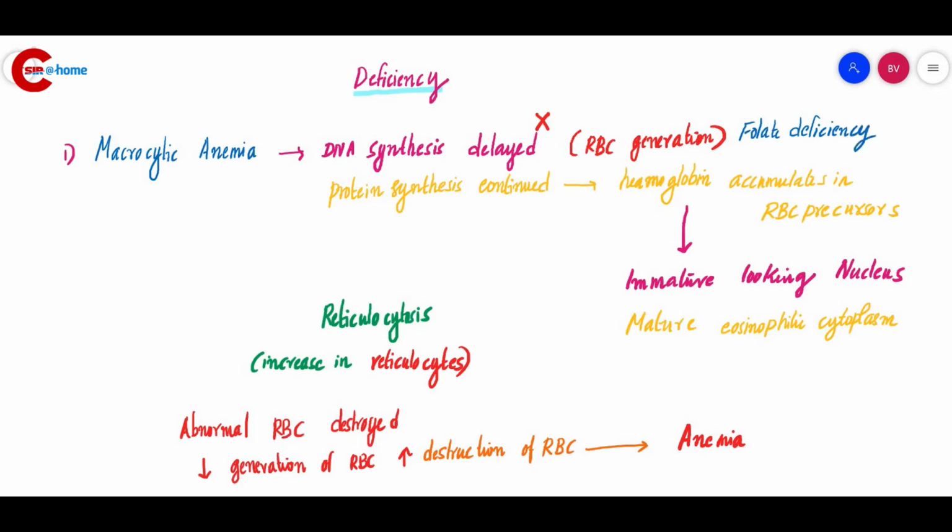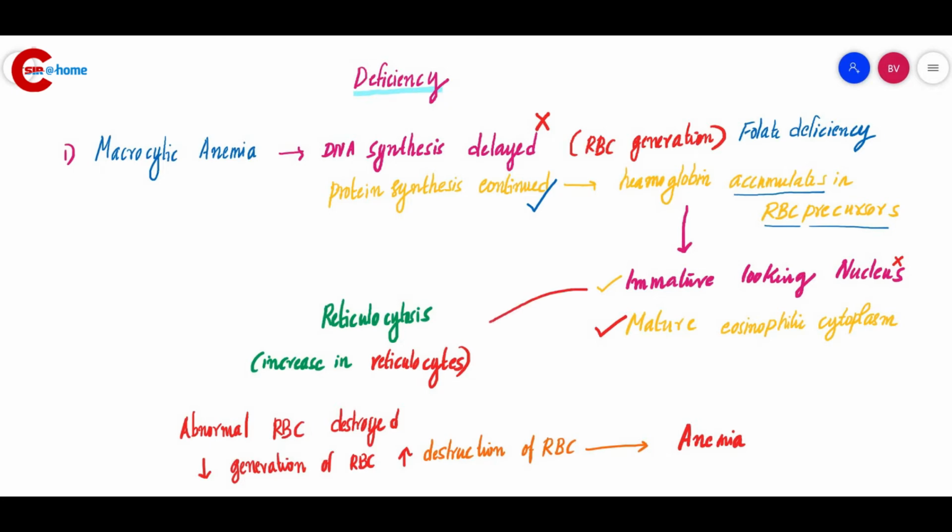Thus hemoglobin accumulates in RBC precursors. Hemoglobin is a protein, you know. But DNA synthesis is delayed. This will result in immature looking nucleus and mature eosinophilic cytoplasm in bone marrow.